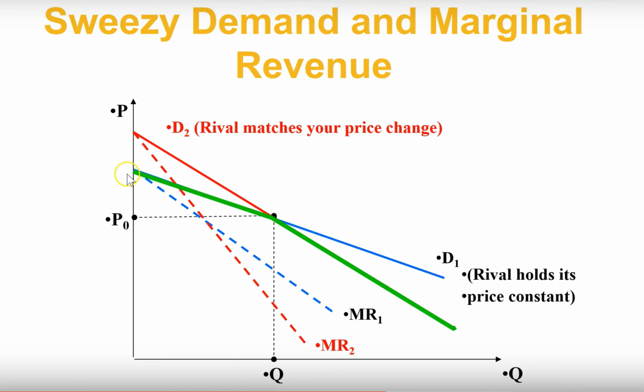So this is why I highlighted this part and this part. And this is the kinked demand curve. Now, because this demand curve is relevant, that means this marginal revenue curve is relevant. Because this demand curve is relevant here, this marginal revenue curve is relevant. So let me highlight that for you.